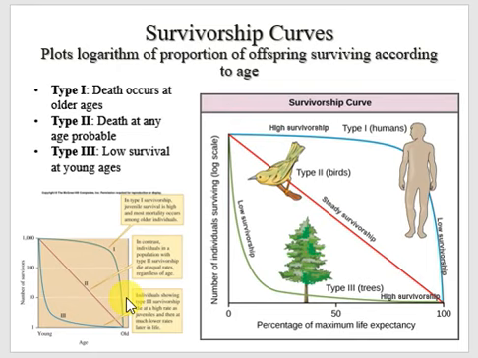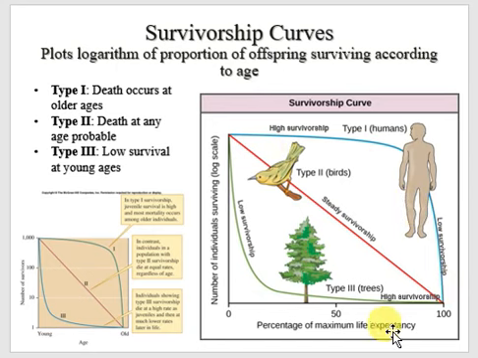So type 1 curve, this is the curve that's in blue, survivorship for the majority of life is relatively high. Specifically, a high percentage of offspring survive during their early and mid years.